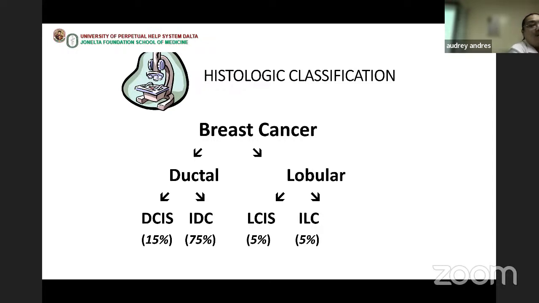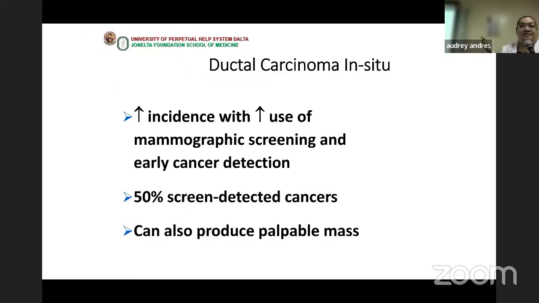So most common would be your invasive ductal carcinoma comprising 75%. Less, but still more common than lobular, would be your ductal carcinoma in situ. Less would be the two, lobular carcinoma in situ and invasive lobular carcinoma, which comprise only approximately 5% each.